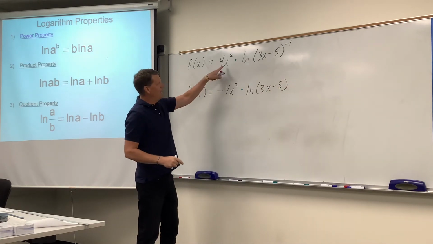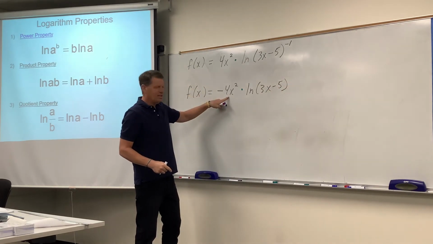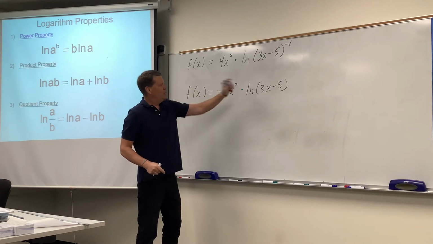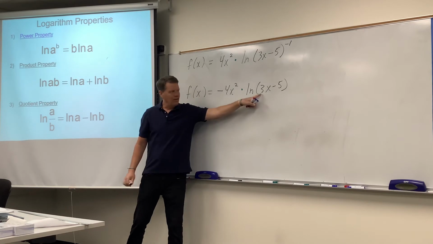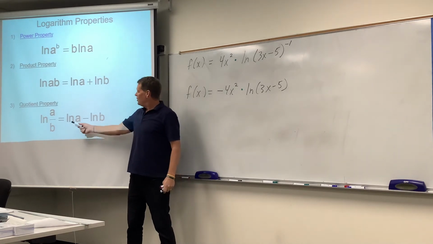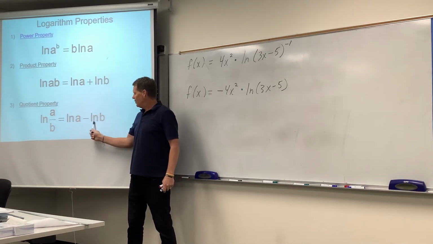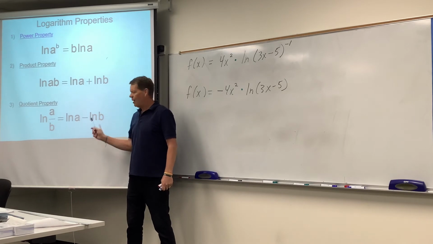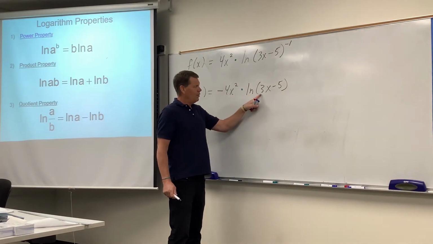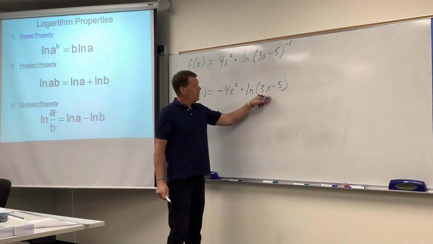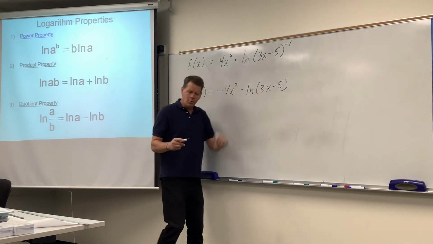We brought that power down, we went ahead and multiplied it by the existing factor, and boom, boom, boom. Now, sometimes people want to think that this is the difference of two logarithms. Natural log of one thing minus the natural log of another thing. That's not this. That's not the natural log of one thing minus the natural log of another. So I think we're done with the rewrites.